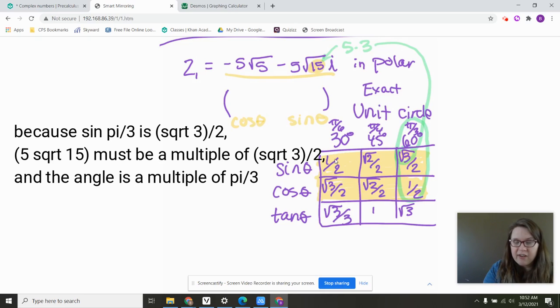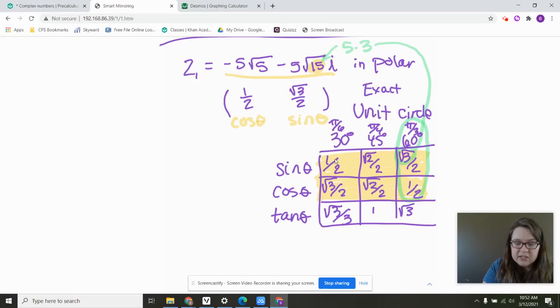One is to factor something out so that what's left is a 1/2 here and a square root of 3 over 2 there. I got that from this green stuff that I highlighted. They both still need to be negative to keep it in the right spot. So what would come out of there? In other words, what I want is 1/2 times what is going to give us 5 square roots of 5.